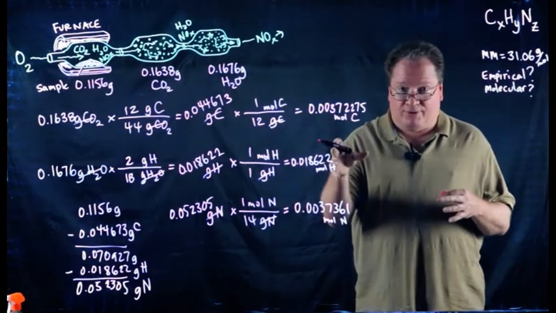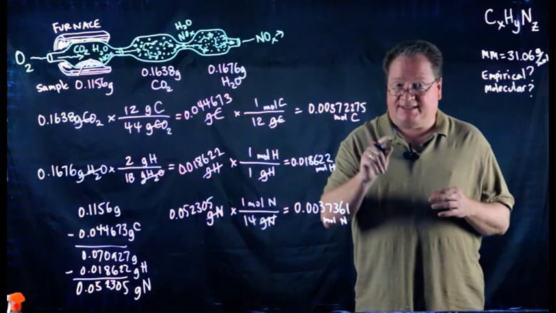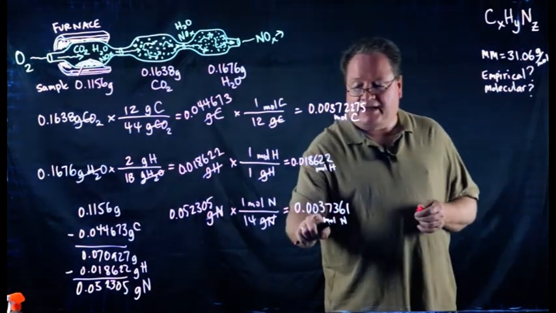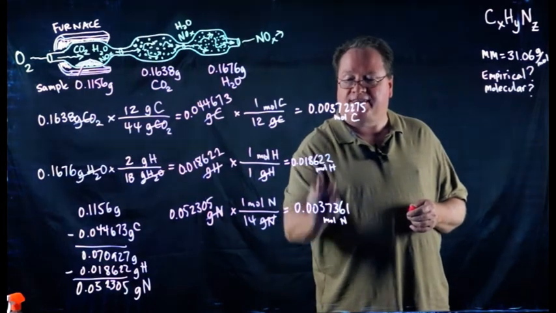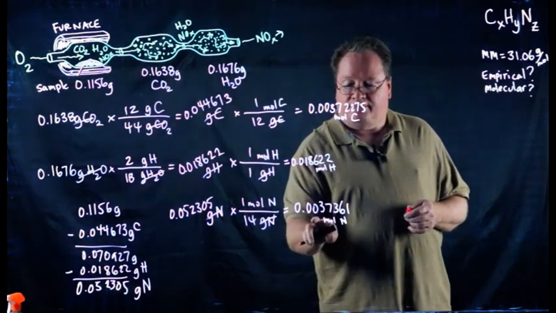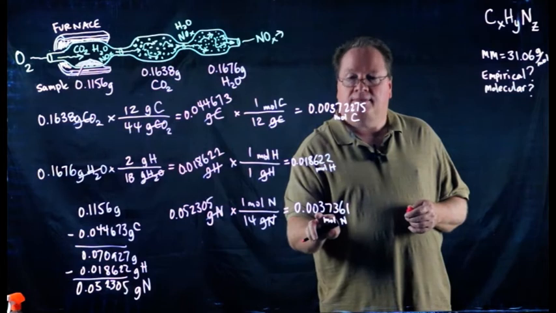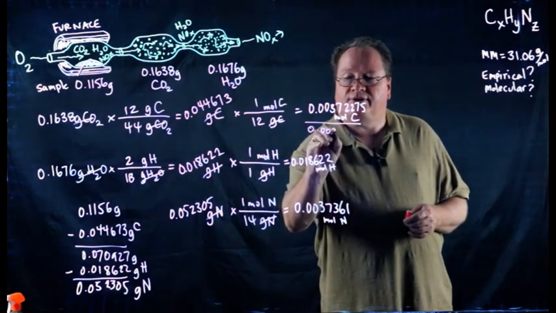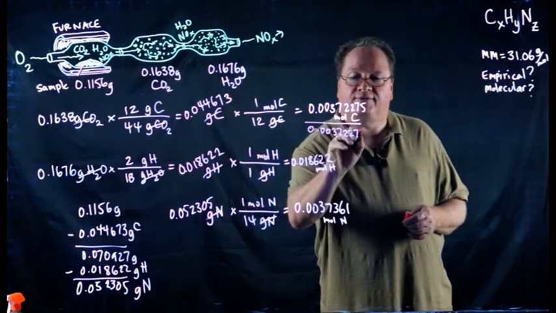I've converted to moles. The next step is divide by the smallest number of moles. And I can see that it's going to be one of these two. It's going to be this one. 0.00372275.